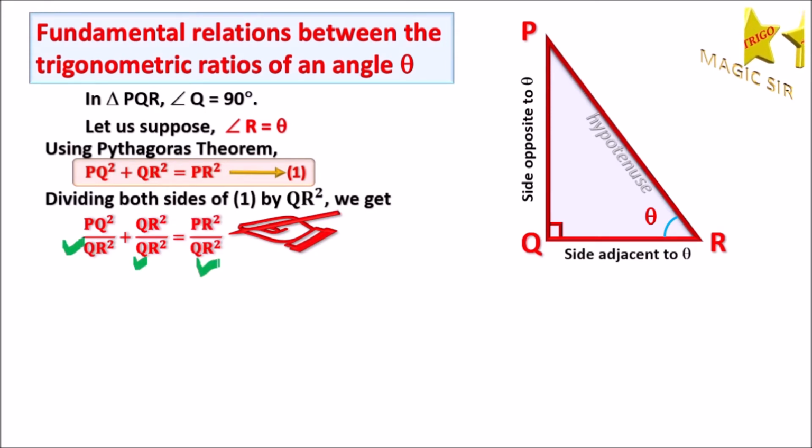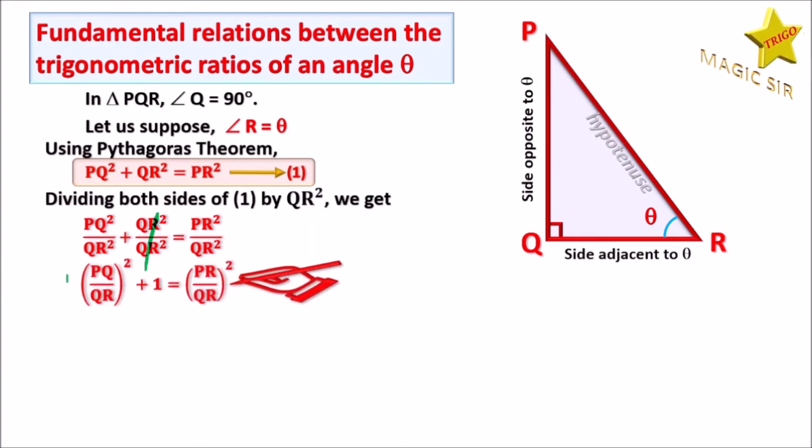But we know that QR square upon QR square is equal to 1. So we write (PQ upon QR) whole square plus 1 is equal to (PR upon QR) whole square.